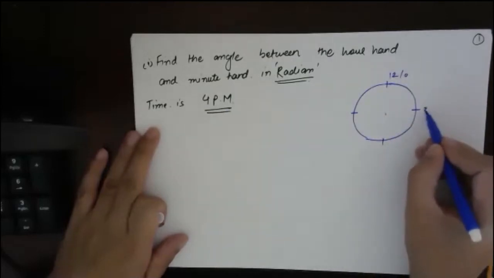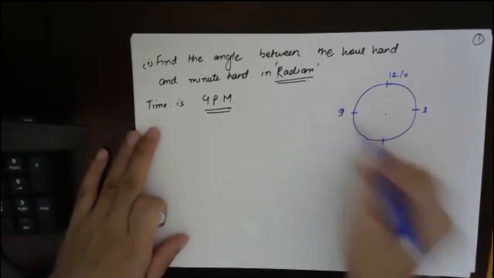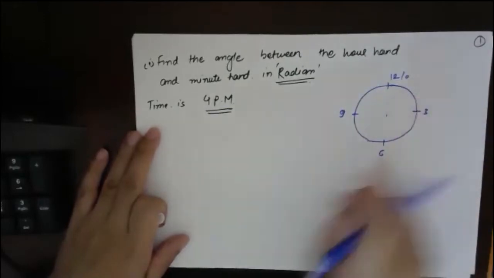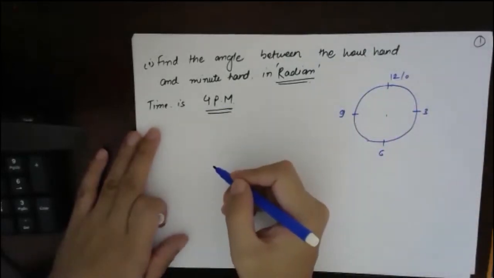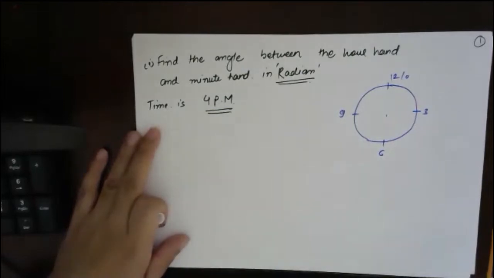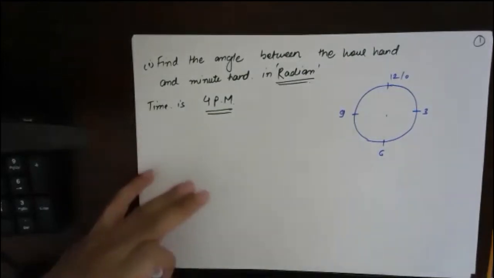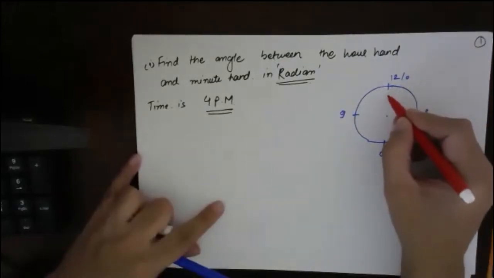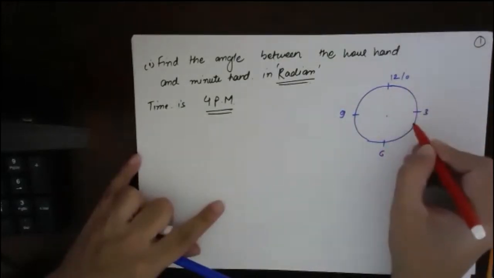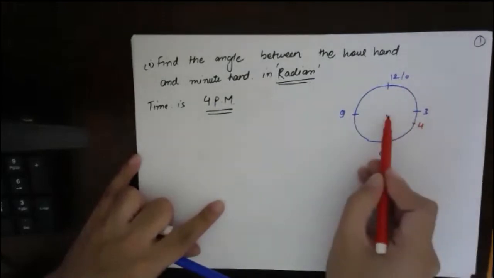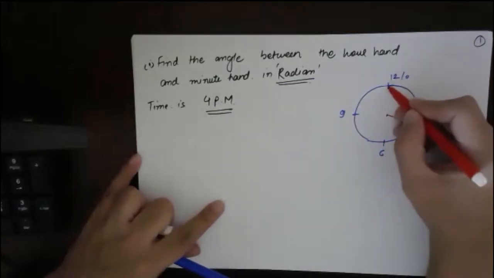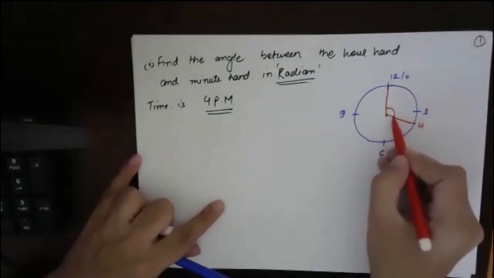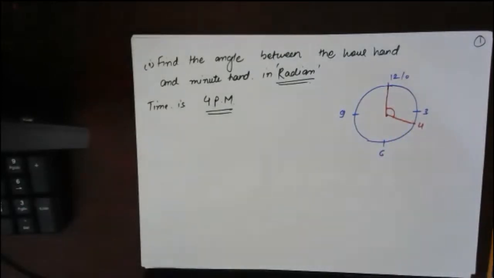So we have a clock like this. The hour hand will be here at 4, and the minute hand will be here at 12. So we have to find this angle.